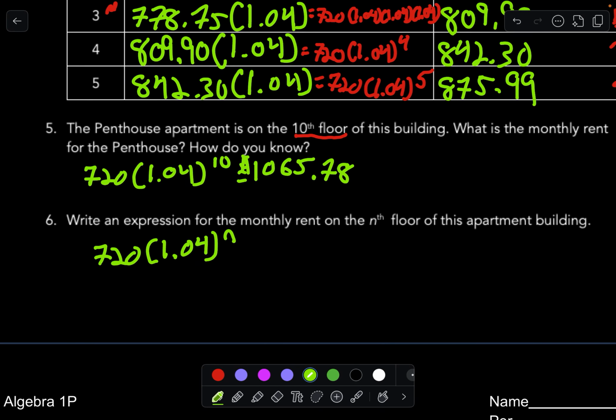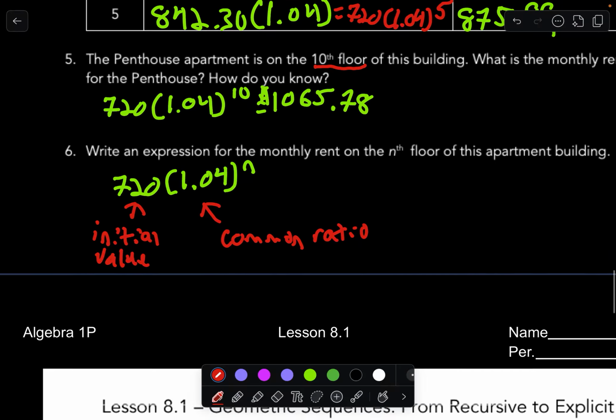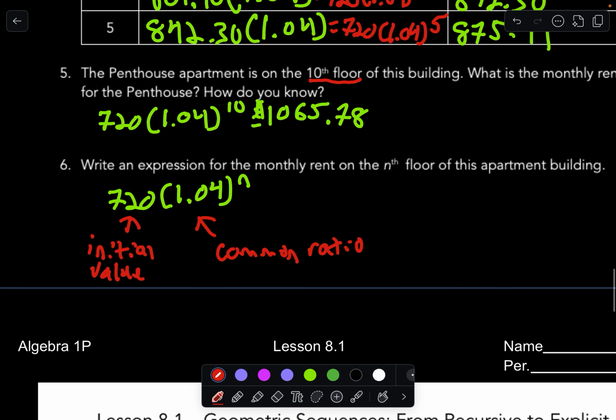In this, you need to know this is what we call the initial value. That's the 0th floor. That is the common ratio. And that's how you can write it for the nth term. So if there were 100 floors, well, this is a humongous high rise, then it would be 720 times 1.04 to the 100th power.